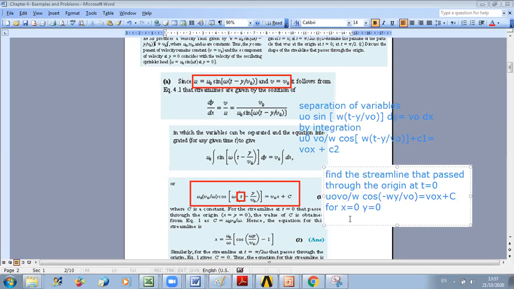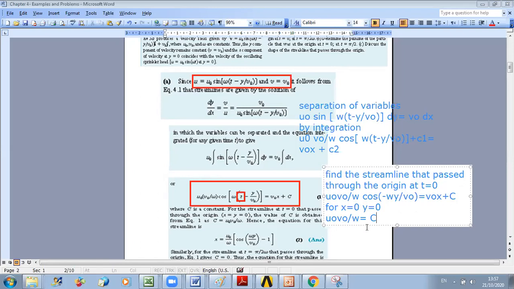Replacing back in our equation, we have u0 v0 over omega, and if we replace y by 0, we get cosine of 0, which is 1, equals, from the second side, since x is 0, c. So for the streamline passing through the origin at t equals 0, the value of the constant c is u0 v0 over omega.